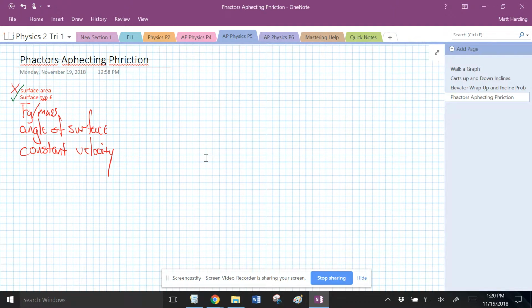FG and mass. Okay, so if you think about the free body diagram that you had going there, you've got the train. You've got gravity down like that, train, comma, earth.